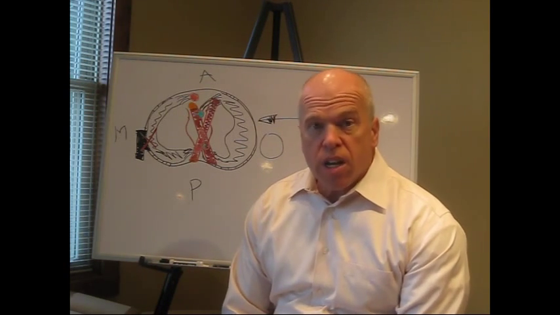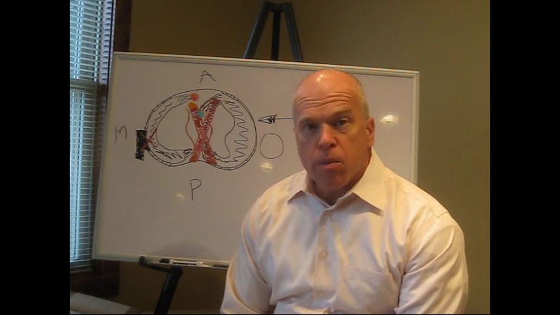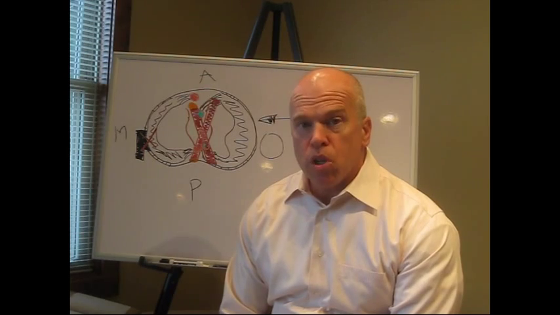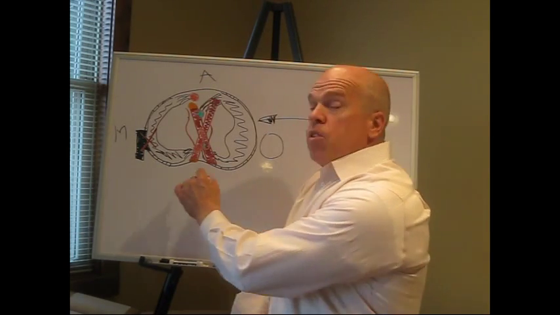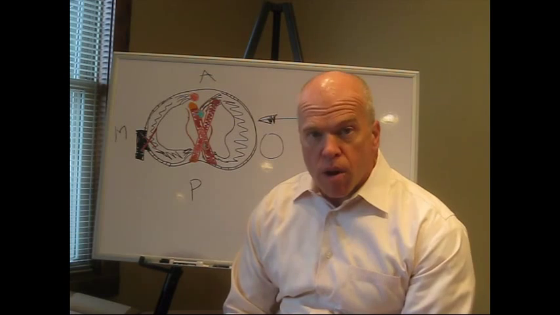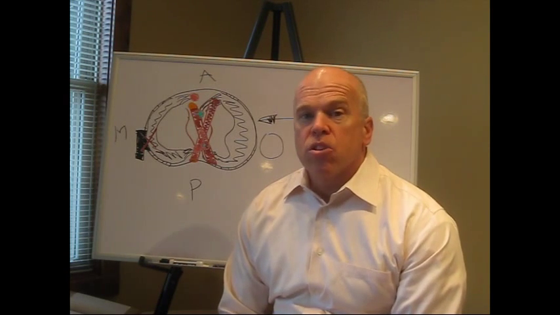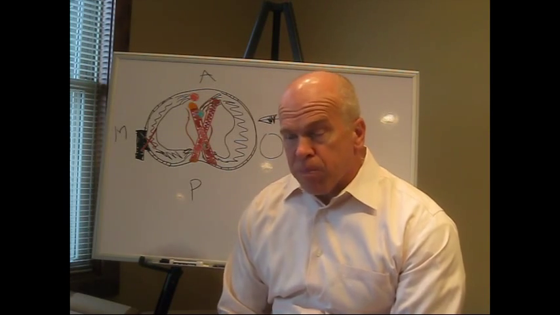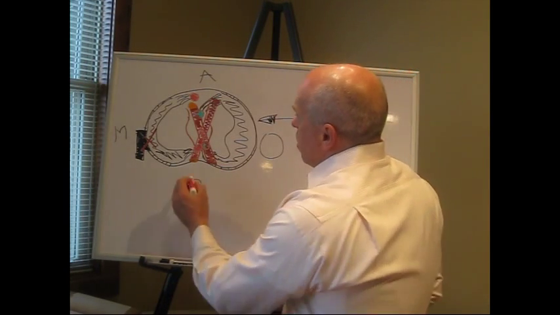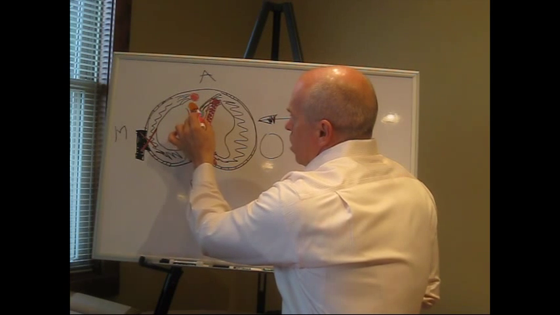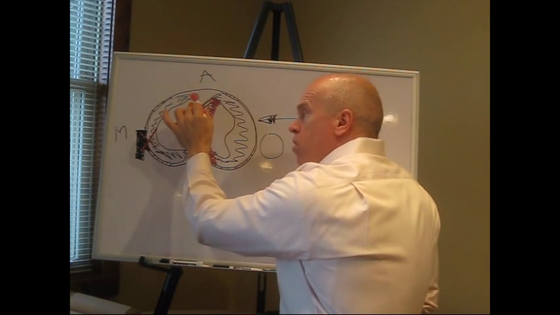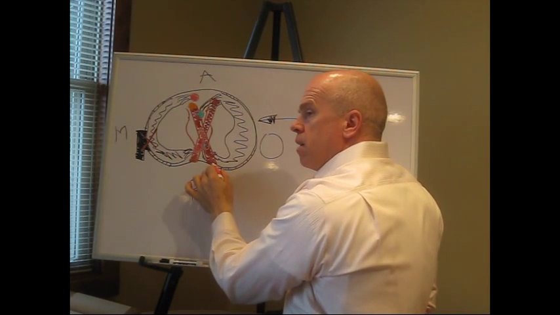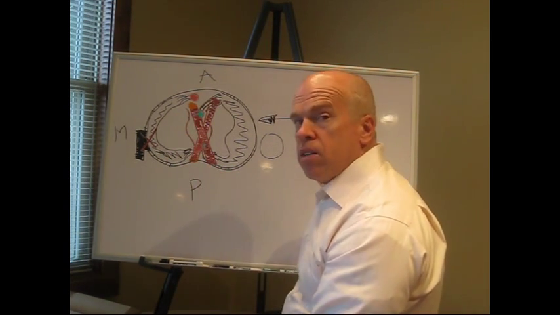For our next section on this video, now that we've reviewed the anatomy, what I want to do is go through some physical examination maneuvers for the assessment of the cruciate ligaments. We're going to narrow our focus now down to the cruciate ligaments. And a couple key points before we get there. And that is, notice here, the anterior cruciate ligament attaches anteriorly on the tibial plateau and posteriorly on the lateral femoral condyle.